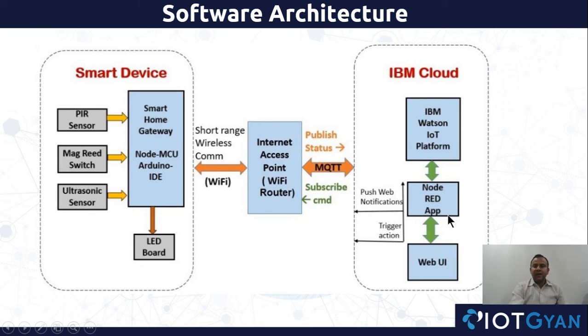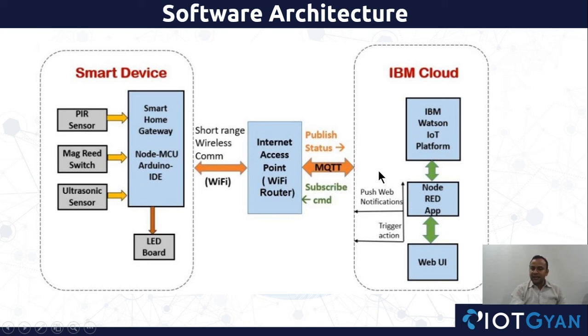I can integrate any third party application also which can utilize this information and perform some action, like sending an email notification or SMS to the owner of the house, or sending a push notification on the web UI itself. If I want to send commands back to my NodeMCU, this can also be done.